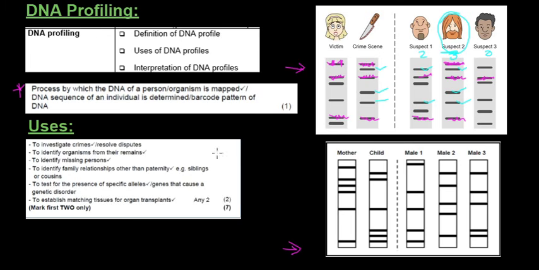Now this can also be used to identify paternity. So same principle again, you're going to look at which of the barcodes correspond with the child's. So the mother and the child, remember you get DNA from your mother and your father. So let's just cancel out all of these.